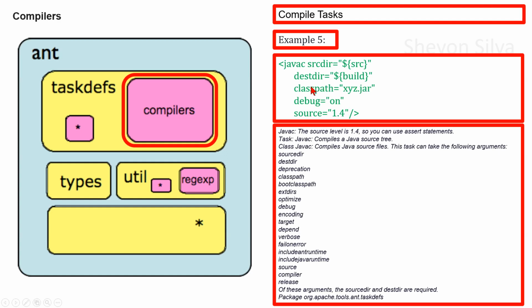The class path used indicates xyz.jar, and compiling with debug information is on. The source level is 1.4, so you can use assert statements.